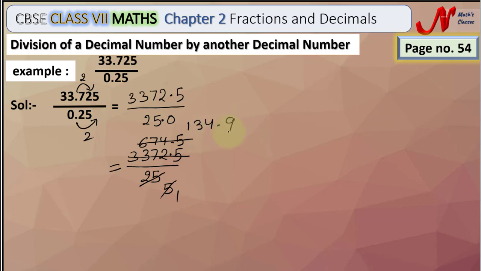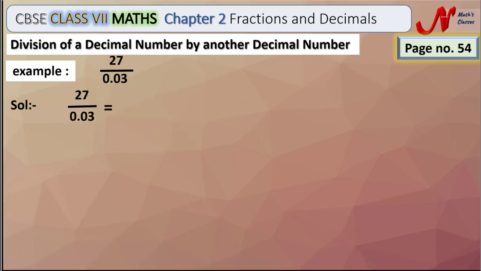So it can be written as 134.9. Therefore 33.725 divided by 0.25 is 134.9. Now we solve another example.